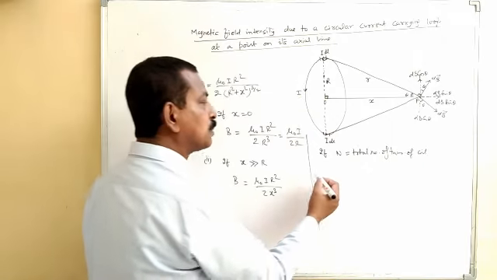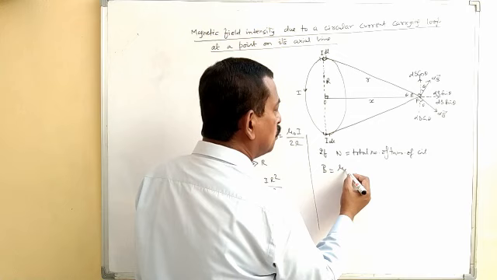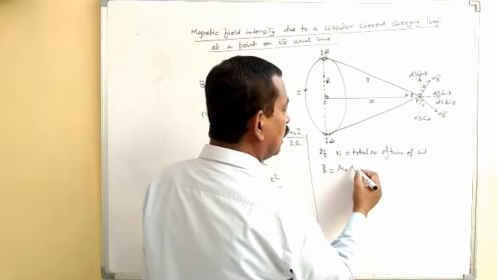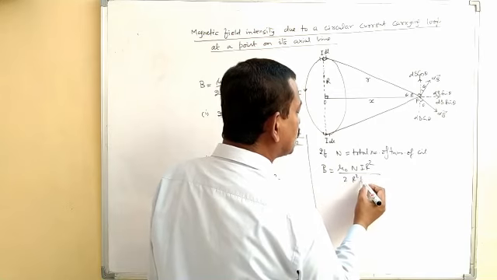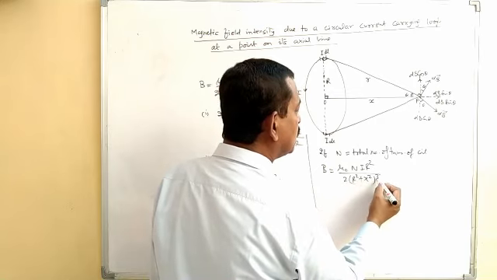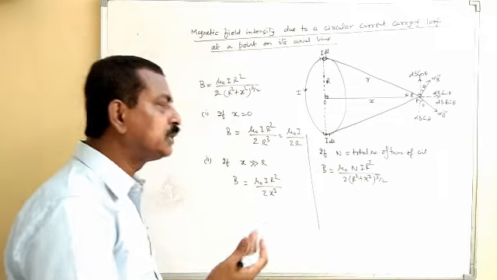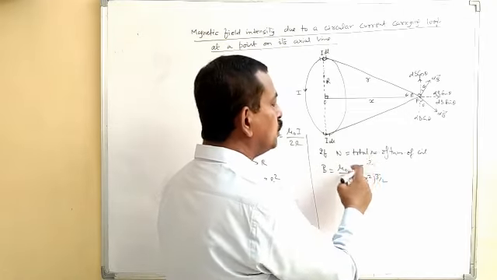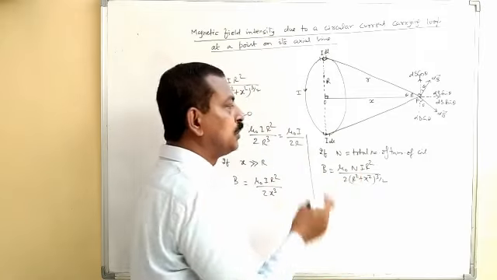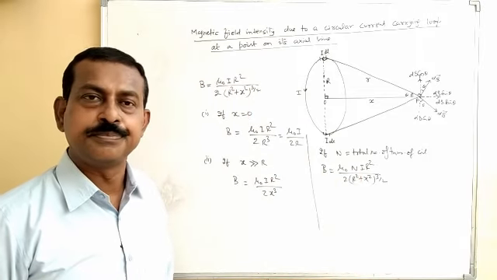So in this case, B will be equal to mu naught N I R square by 2 (R square plus x square) power 3 by 2. Directly it will give you the value of the magnetic field there, which will be N times the magnetic field due to a single turn loop.